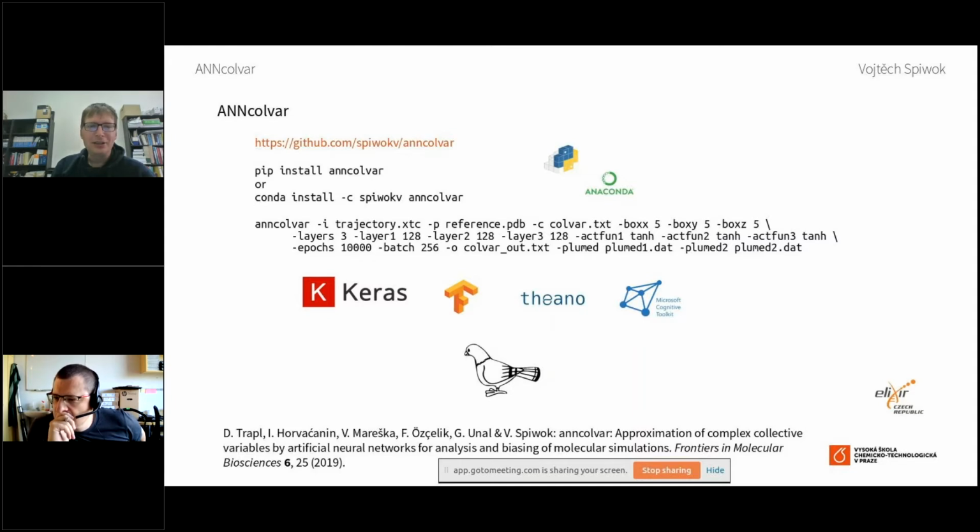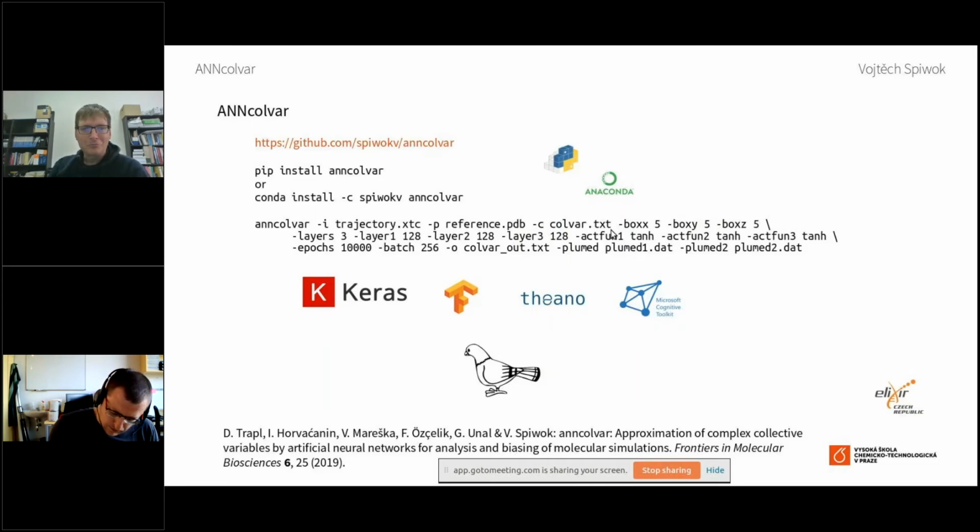So it uses Keras, which is a very nice machine learning package, and this Keras runs on top of one of 3 different backends, so you can choose between TensorFlow, Theano, or Microsoft Cognitive Toolkit. You have to supply the trajectory, some series of structures of your molecular system. You have to supply some reference structure, and you supply the file which contains the value of your collective variable.